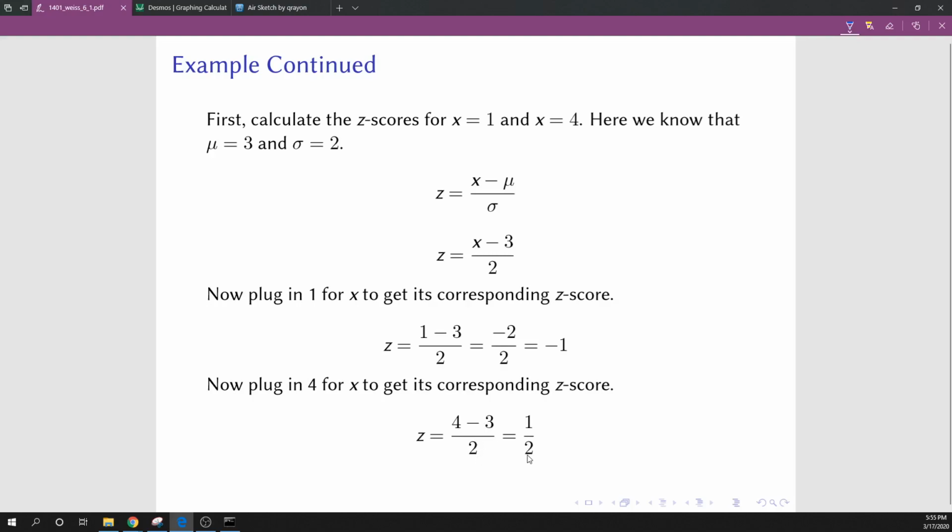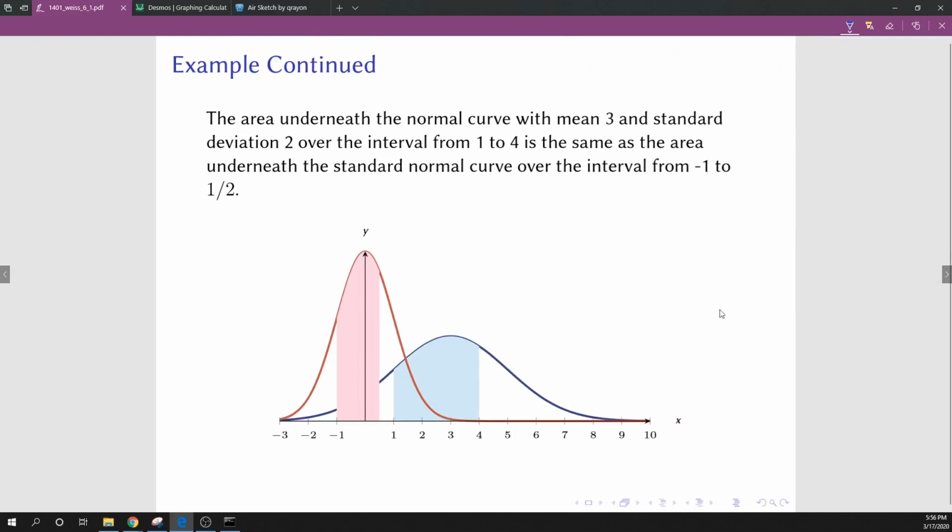That's 1/2. All right, and so the area that we wanted to find before, the area from 1 to 4 on the normal curve with mean 3 and standard deviation 2, will be the same as finding the area underneath the standard normal curve, the one with mean 0 and standard deviation 1, not from 1 to 4, but from negative 1 to 1/2.